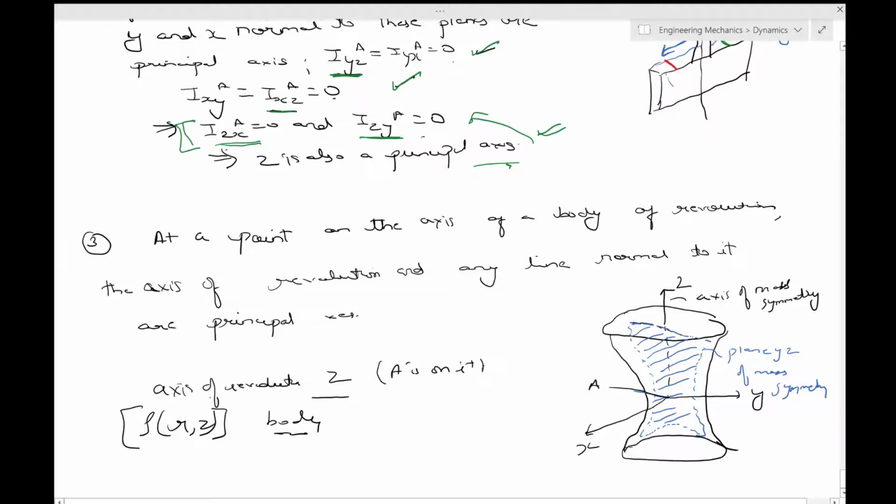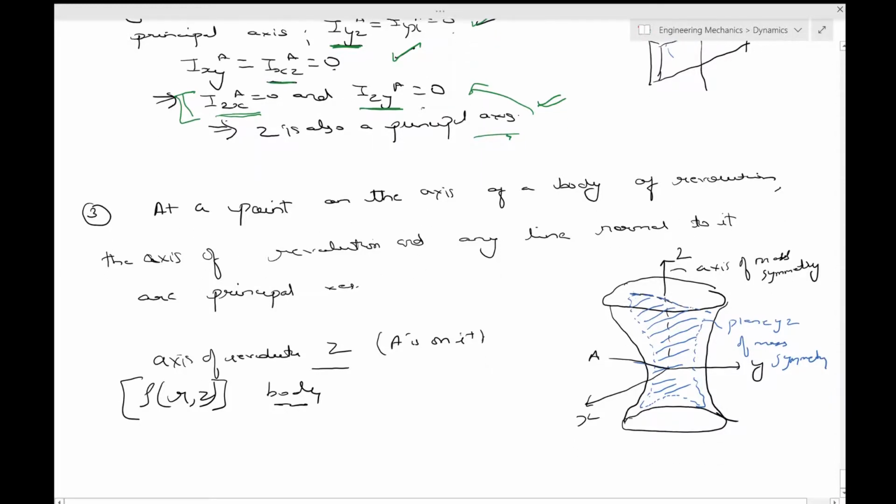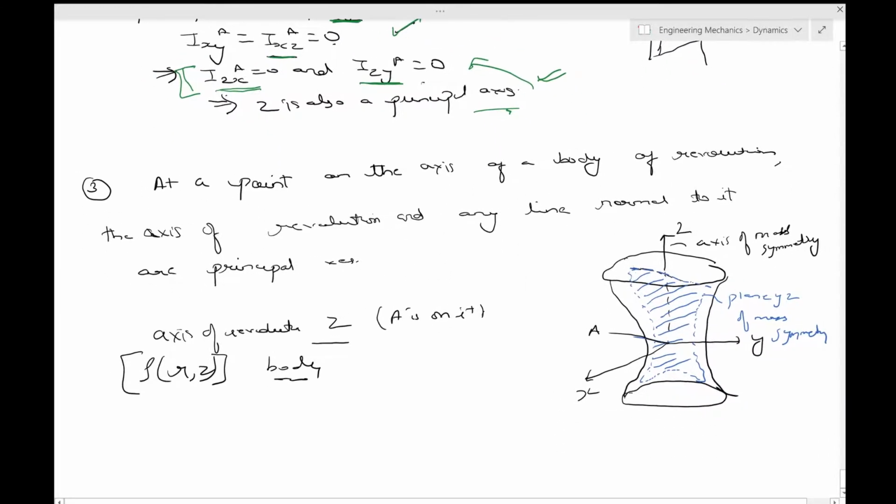Now if you have any axis x normal to the z axis, it is a principal axis of inertia, since the yz plane is a plane of mass symmetry. So if you have this plane yz as a plane of mass symmetry, then the x axis is a principal axis.